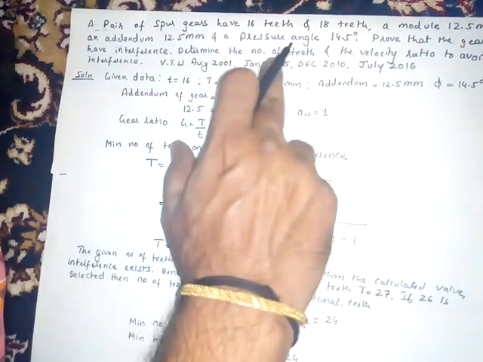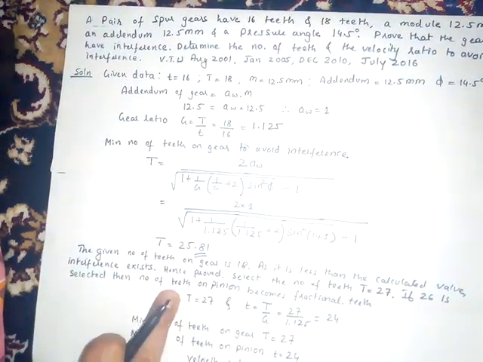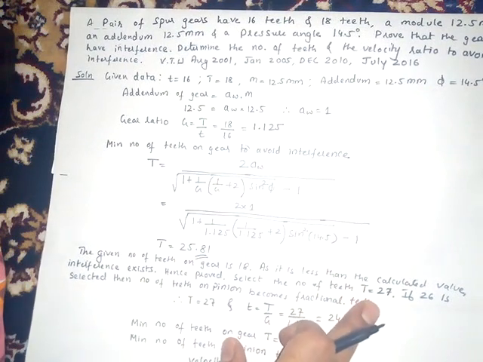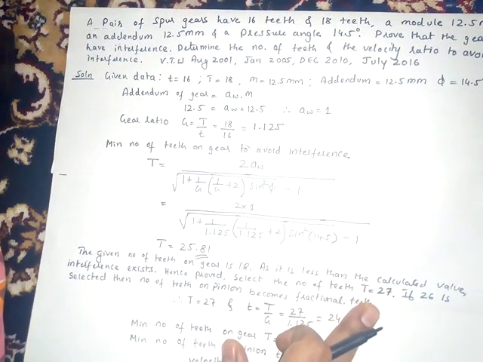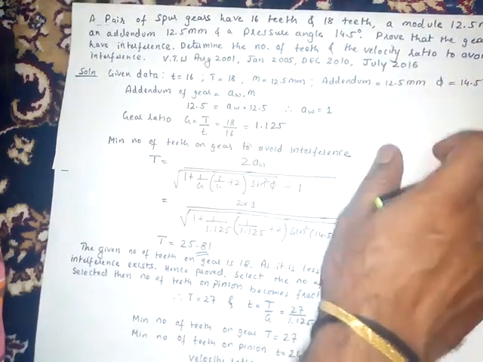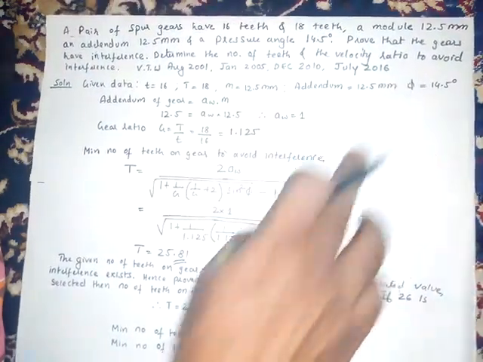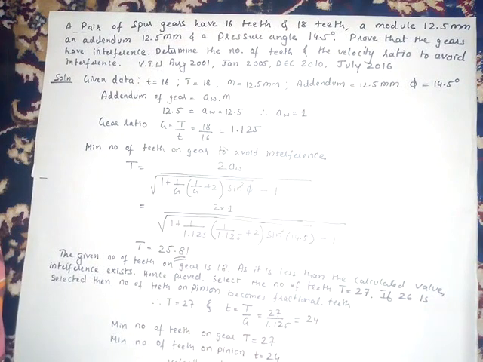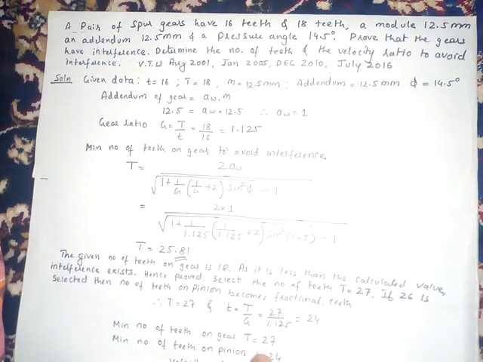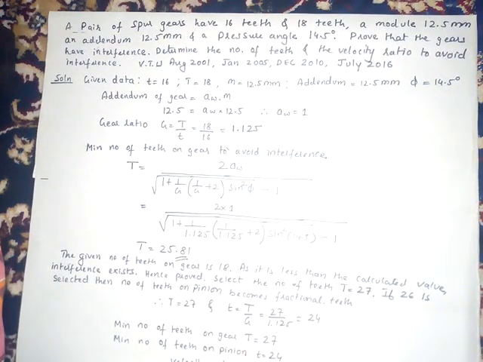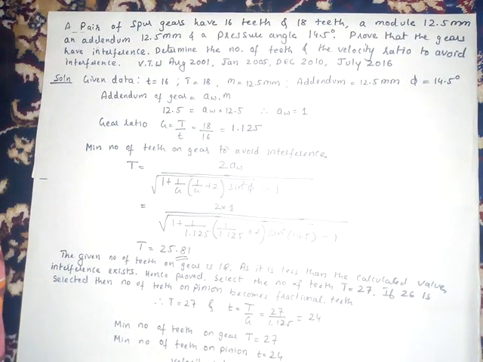Then determine the number of teeth. The number of teeth was determined by selective method, and finally the velocity ratio to avoid interference was found by selecting the value of teeth as 27 and 24 to give the velocity ratio of 1.125.